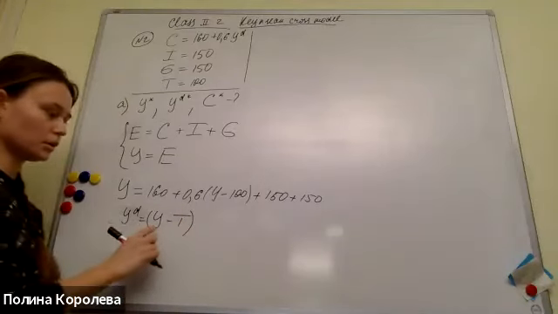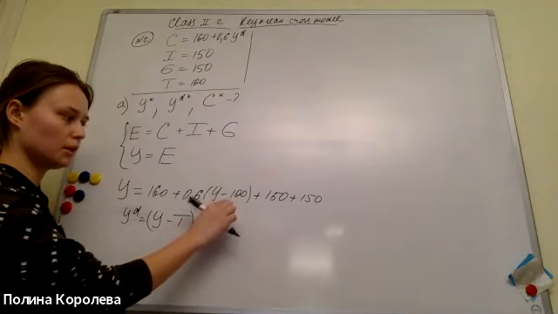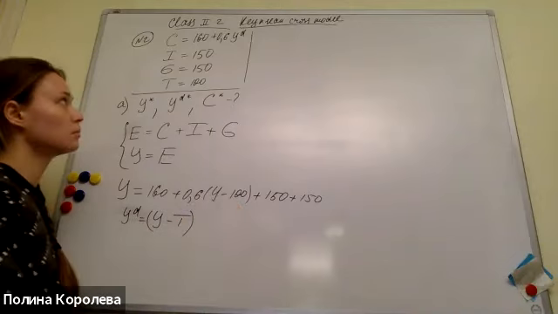So instead of disposable income, we put income minus taxes. Yeah, I mean, just in general in the formula, shouldn't we also include the net taxes when we are writing what total GDP equals to?